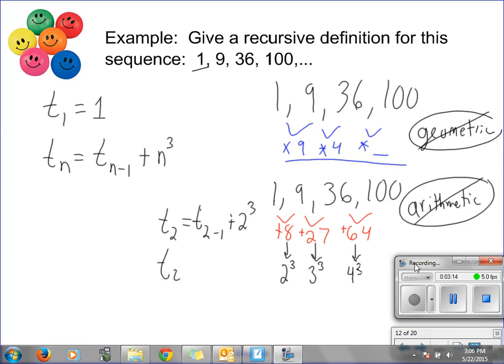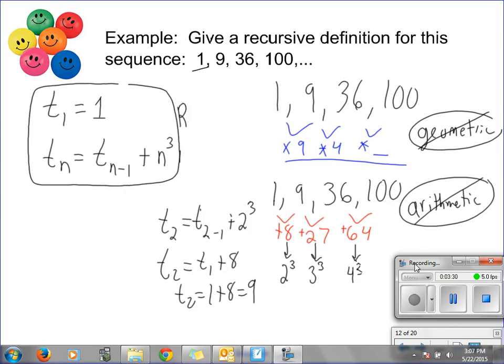So we get that t sub 2 would be t sub 1 plus 8. And again, t sub 1 is really 1. So that is indeed going to give us 9. In this case, we had to be a little creative and notice some things that are happening. But that right there would be your recursive sequence.